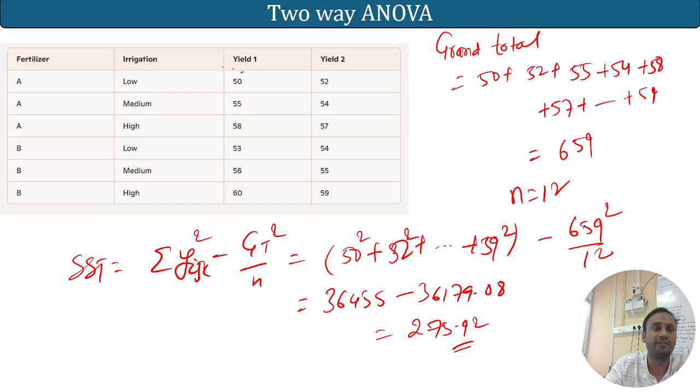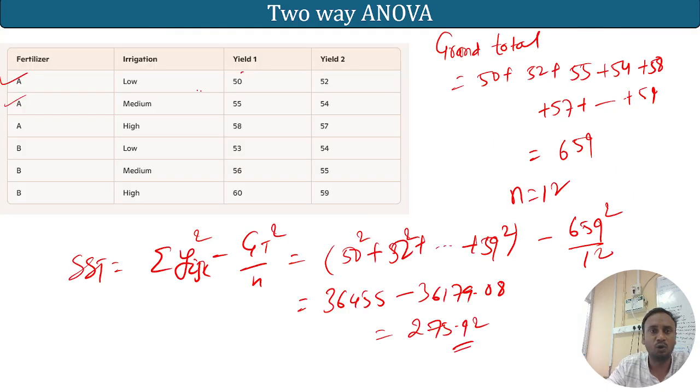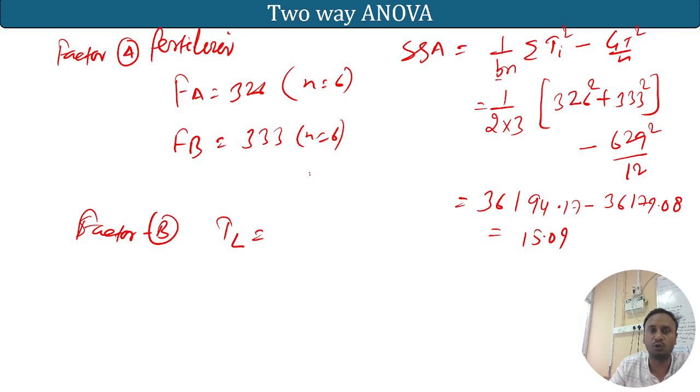Now FA and FB we have checked already. Now what we have is low, medium and high. So now we'll check with TL. TL means low for all cases. Low where we have 50 plus 52 plus 53 plus 54, so it became 209.